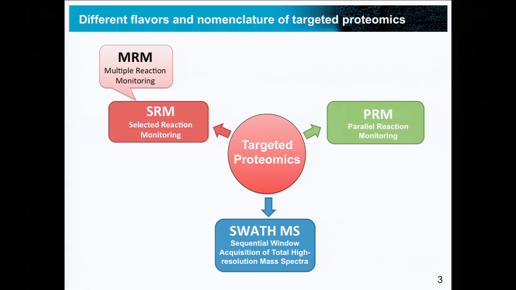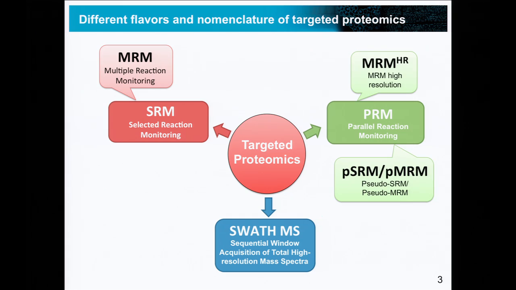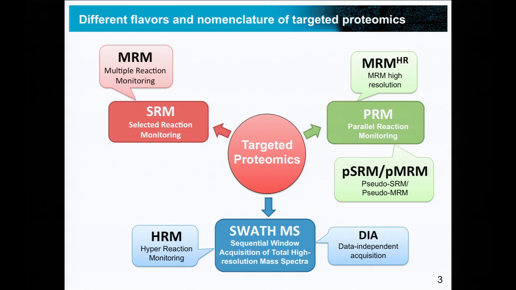The same is true for PRM. PRM sometimes people also call MRM high resolution, MRM-HR, or they talk about pseudo-SRM or pseudo-MRM. And also the SWATH MS technique has various different names. Hyper reaction monitoring is one term that was coined and is used. And very frequently you will also find the term data independent acquisition, DIA, in the literature.